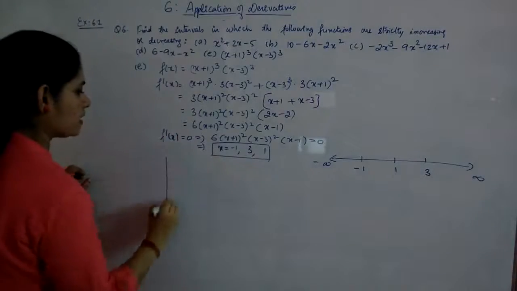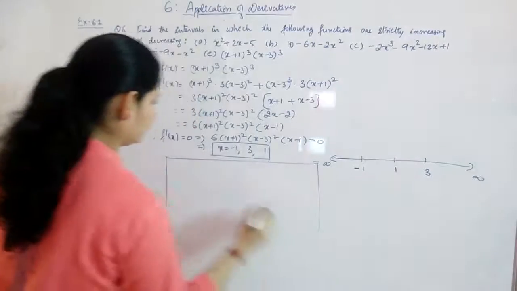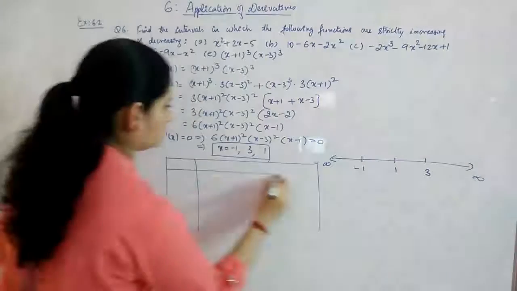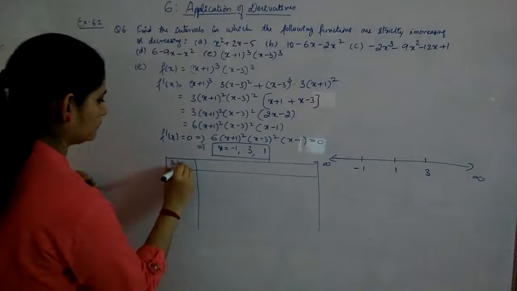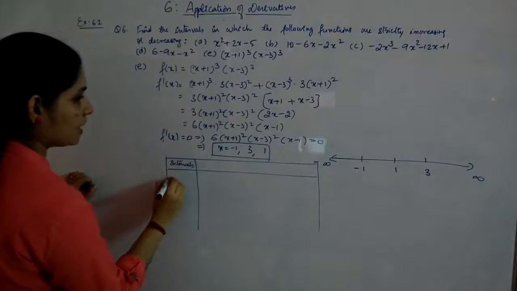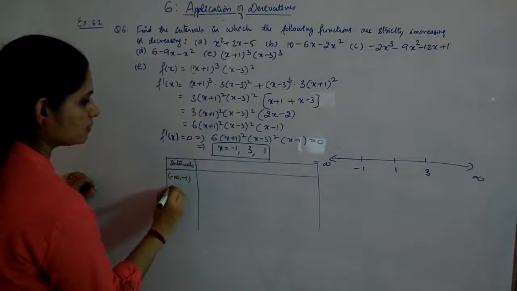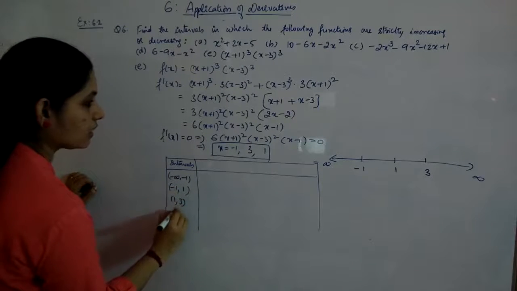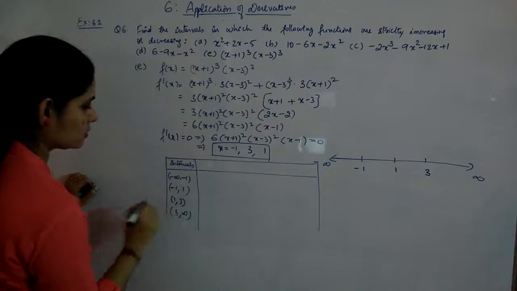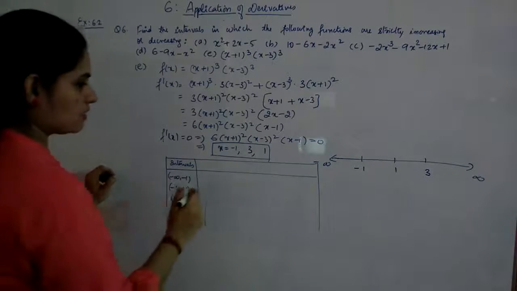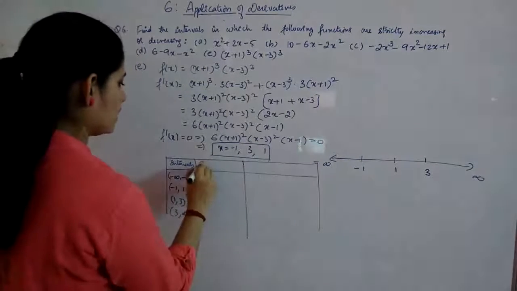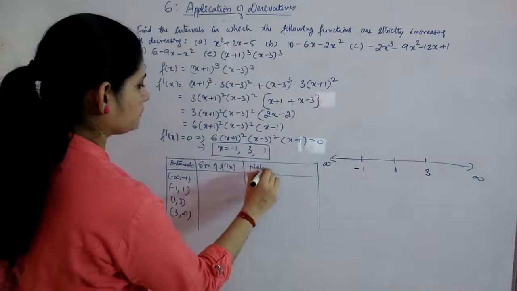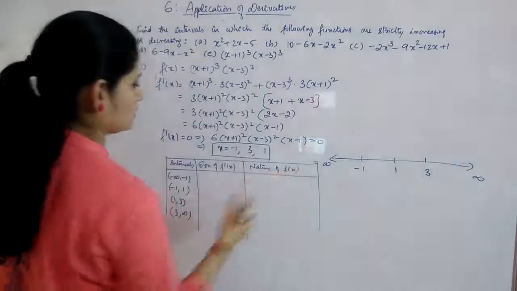So the intervals are (-∞, -1), (-1, 1), (1, 3) and (3, ∞). These are the intervals in which we are breaking it. Then you have the sign of f'(x) and the nature of f(x).